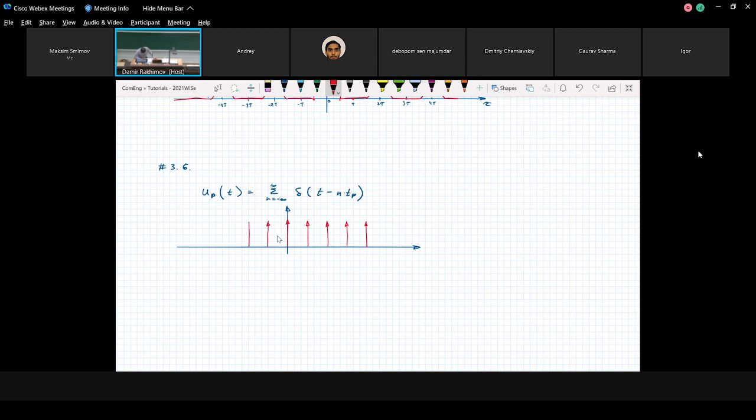Pulses, and magnitude equals delta pulse, not duration, so spacing is small t subscript p.